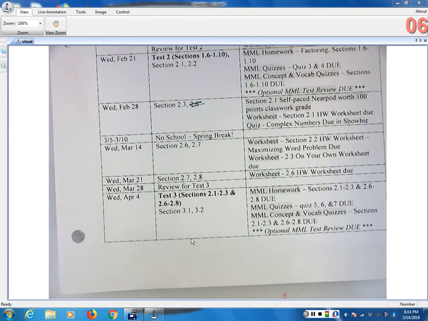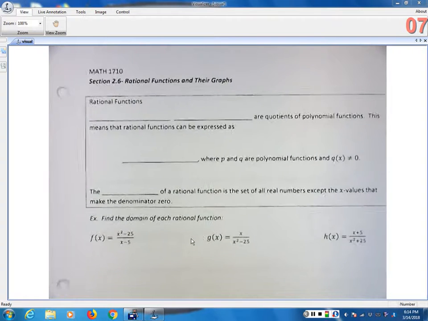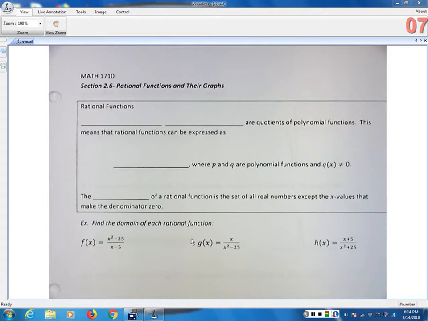2.6 is pretty long, so we may just cover 2.6 today and then work on the 2.6 worksheet. I hate to, did we do a quick little review on multiplicity? Oh, you didn't understand that. Multiplicity is the number of times a zero is used.